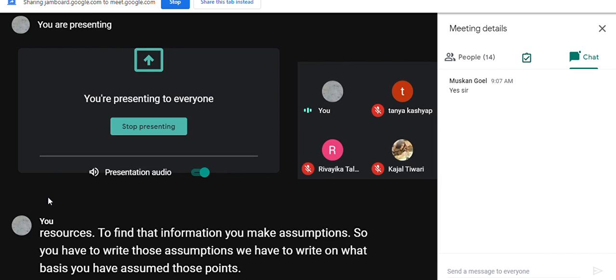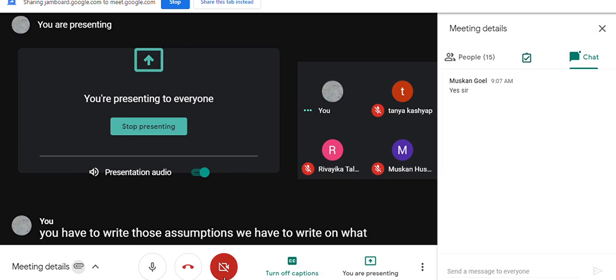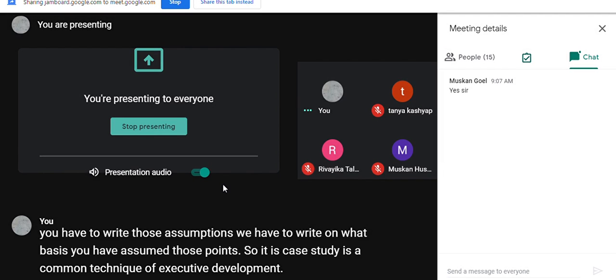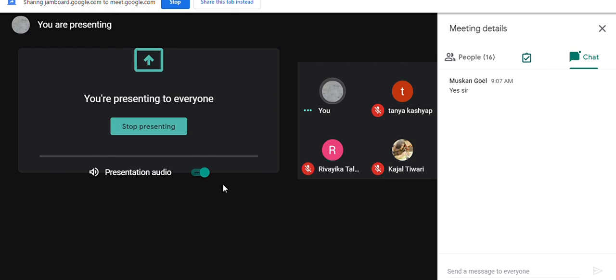So case study is a common technique of executive development. It employs simulated decision making situation for the trainees.